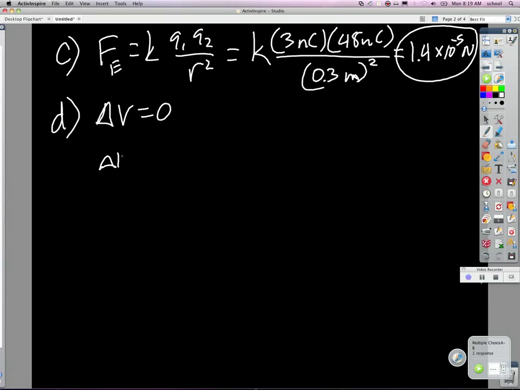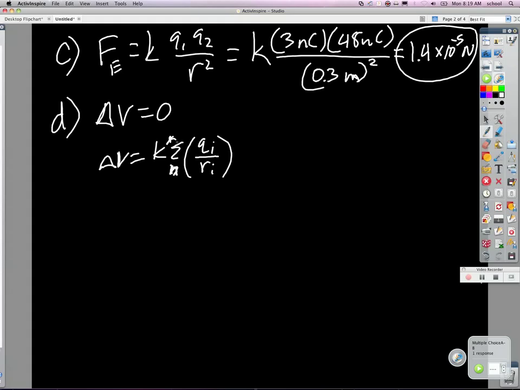So when we do this, what this means is the electrical potential of particle 1 plus the electrical potential of particle 2, right? That's K Q1 over R1 plus K Q2 over R2.